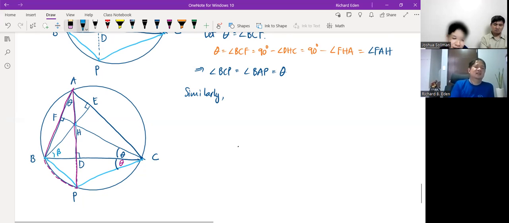Why beta and theta when you can do delta and omicron? Delta na lang. Yes! Goal achieved. But by following the same argument, what angle is going to be equal to delta as well?